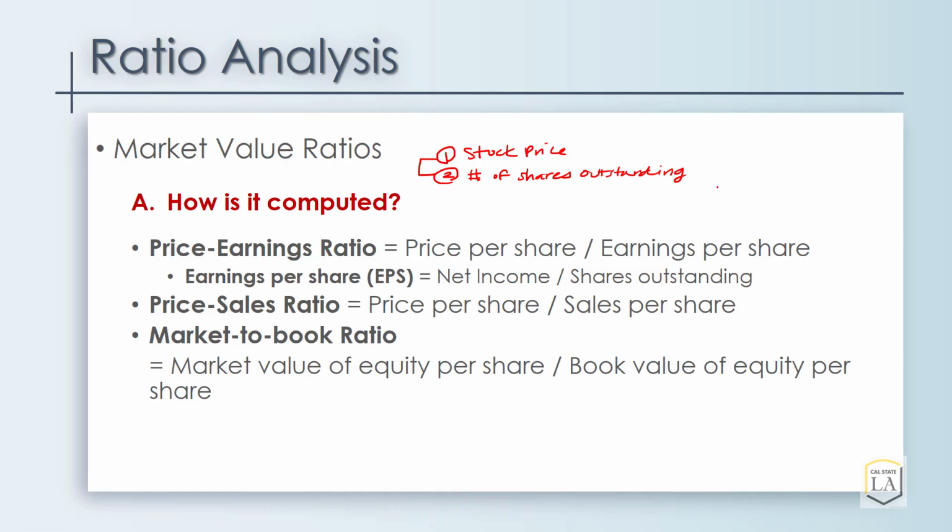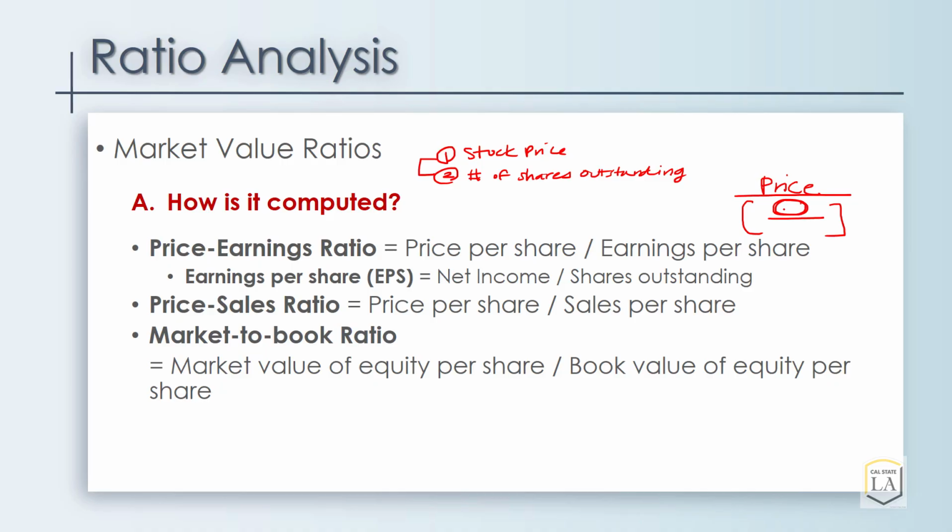And how are they being used? The ratio formula itself would look like this. The price of stock would be used as your numerator. And for the denominator, you would use the value from the financial statements, either from the income statement or balance sheet, as the numerator of the denominator.